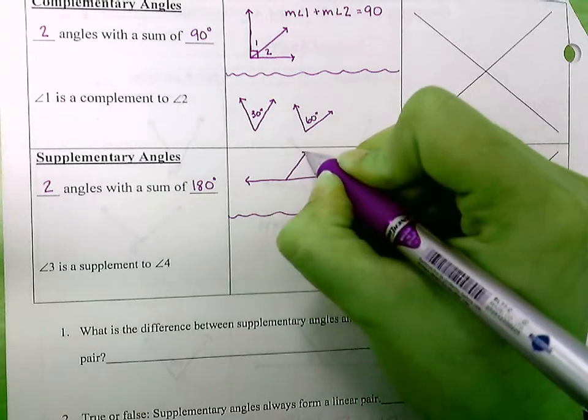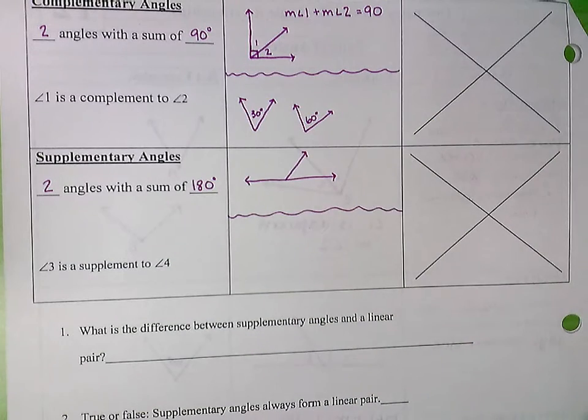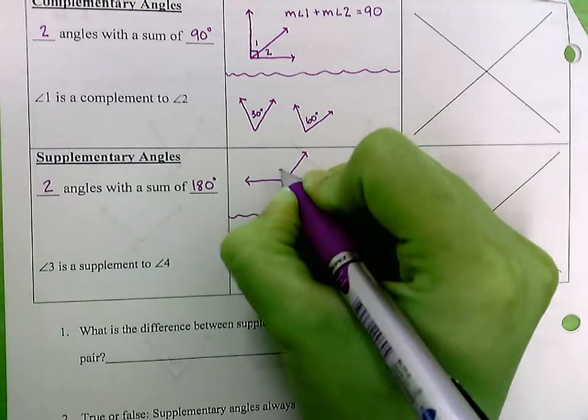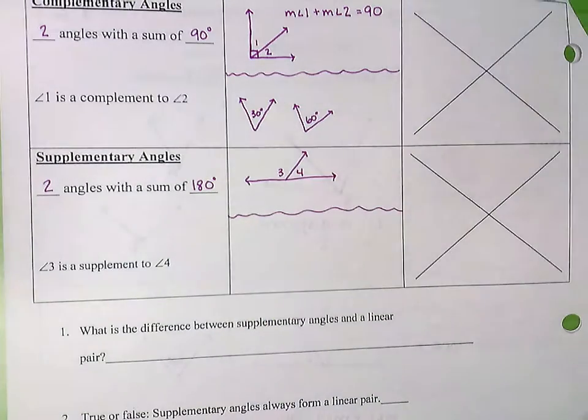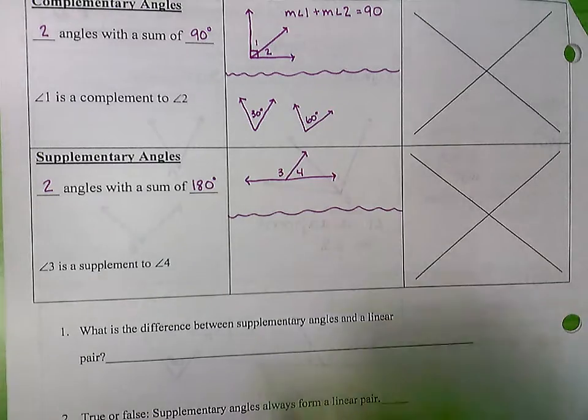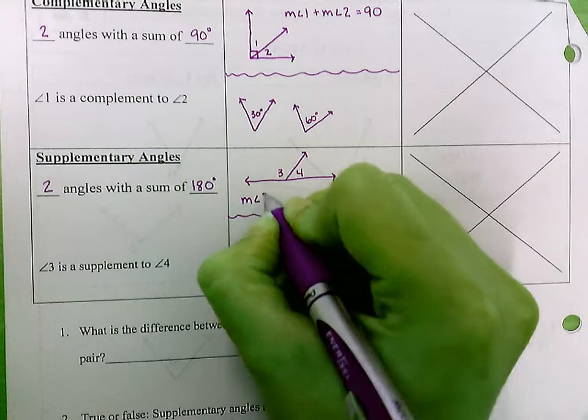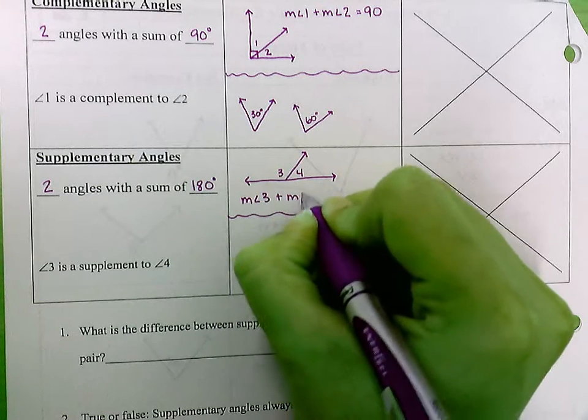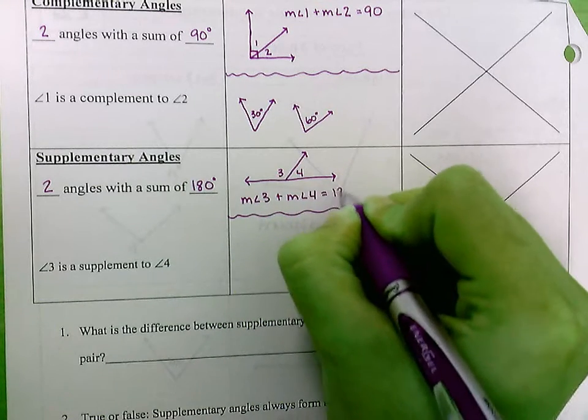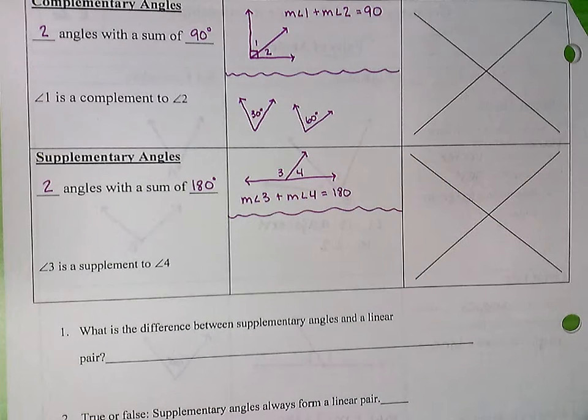And again, I'm going to draw a ray coming off of that line. So I split it into two angles. I can label each angle 3 and 4. If I took the measure of angle 3 and added on the measure of angle 4, it would give me 180 degrees. So those are supplementary angles. They both add to be 180.